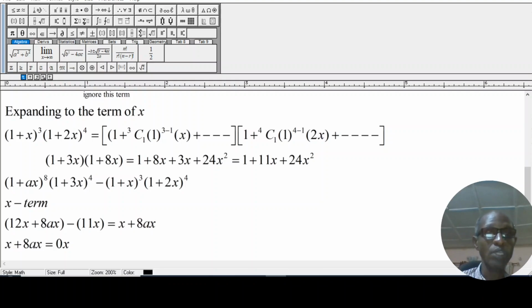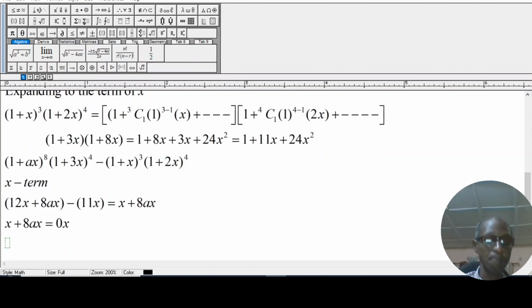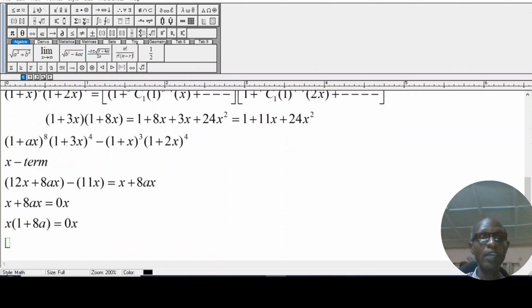So now what we need to do is x into 1 plus 8a is equal to 0x. So x can cancel out on both sides. If we cancel out x from both sides, you have 1 plus 8a is equal to 0.